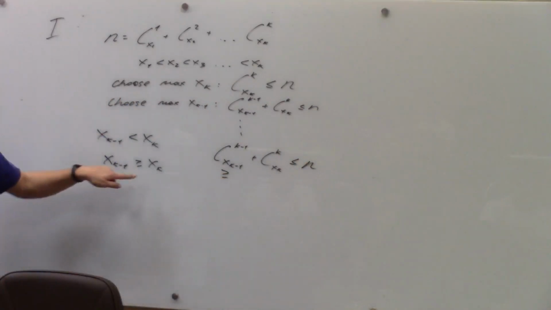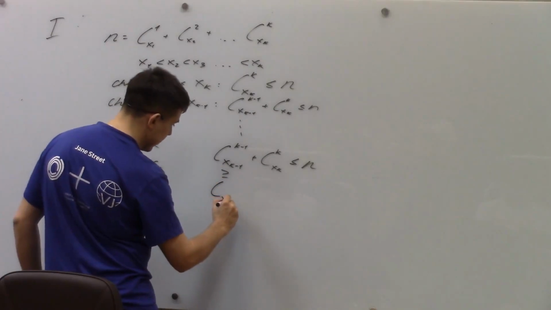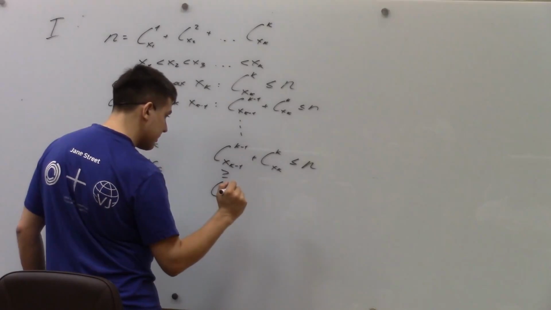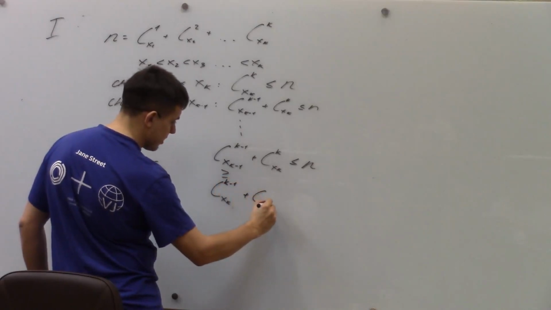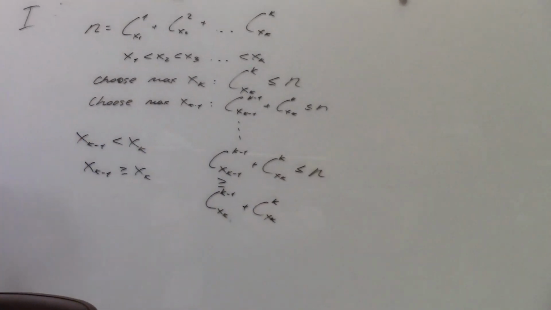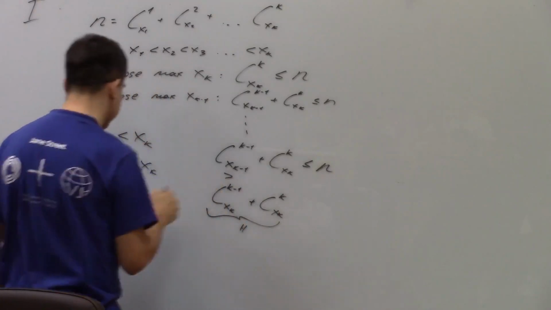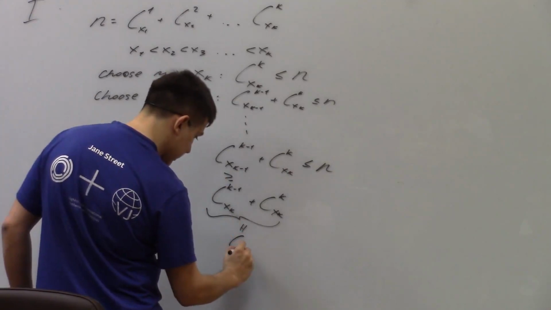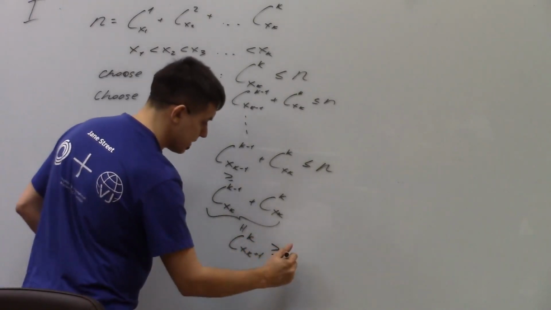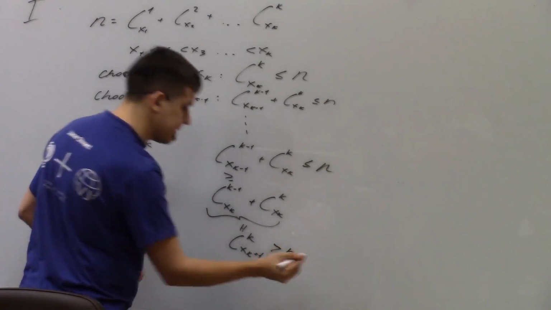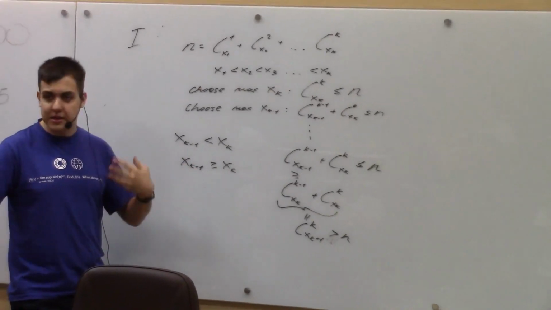So this is greater than or equal to, since the binomial coefficient is an increasing function, xk choose k minus 1 plus xk choose k, and this is equal to xk plus 1 choose k. And this is greater than n.